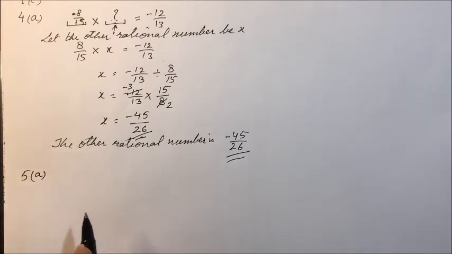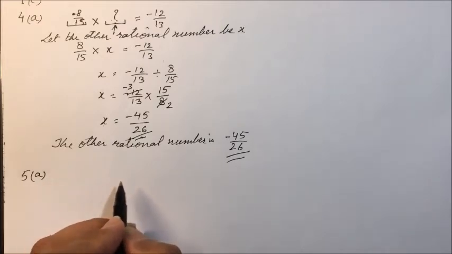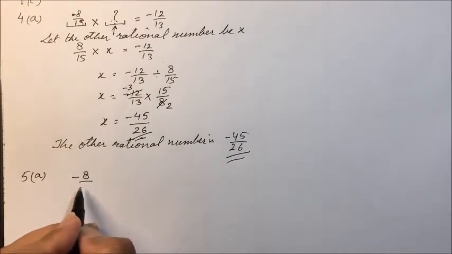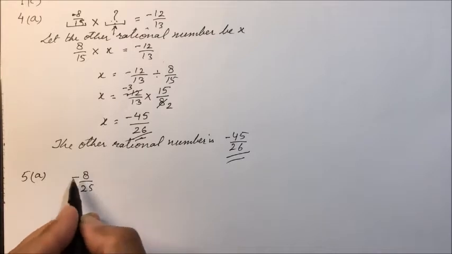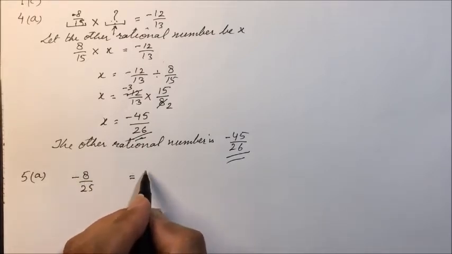So the question says, by what rational number should minus 8 by 25 be divided to get 3 upon 10? This has to be divided so that the result becomes 3 upon 10.